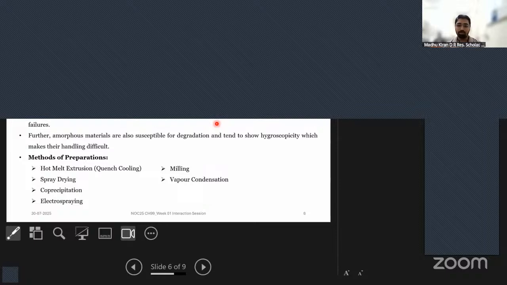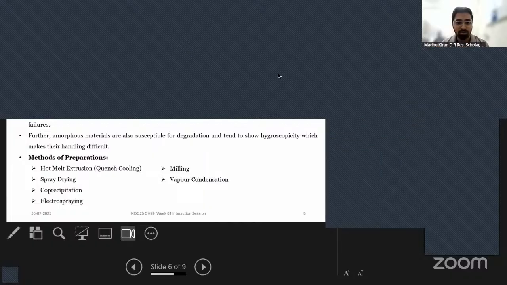So the aspect which is making it... one second, I got another message. Screen is not visible. Okay.